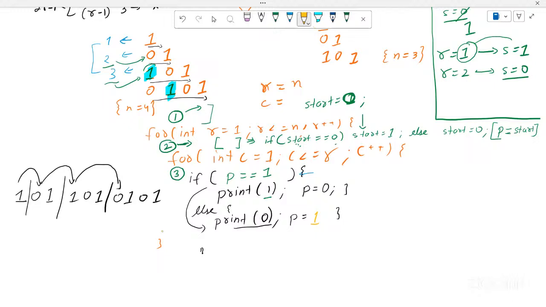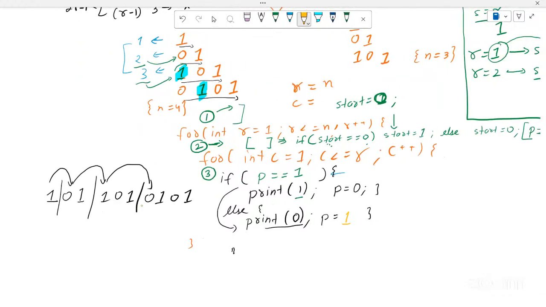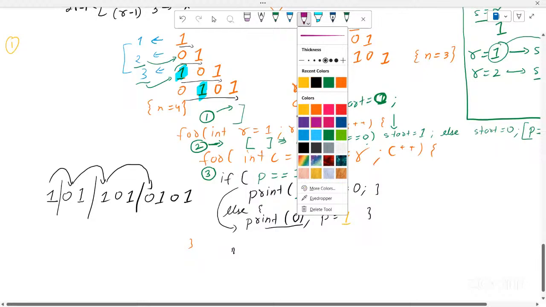So let me reiterate how I approach this particular problem statement. Let's say this problem statement is given to you in an interview. Now you know this code.